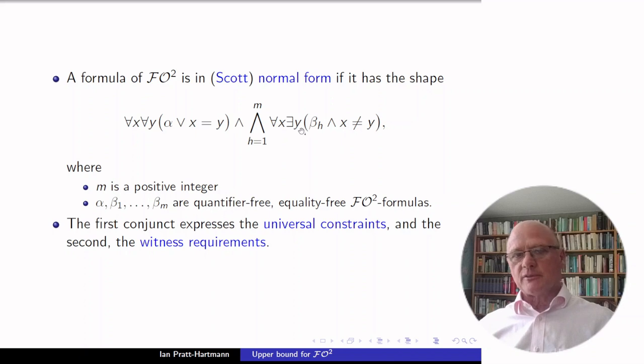These conjuncts we'll refer to as the witness requirements. So we have m witness requirements. Every object has to have a witness for each of the formulas beta h, and that witness has to be distinct from itself. If we take the index h here, we'll refer to the object satisfying this existential quantifier as the hth witness for x, whatever x is.